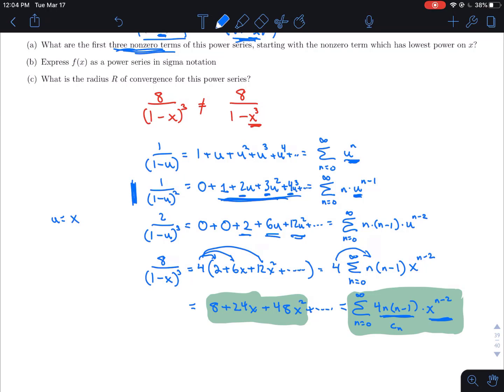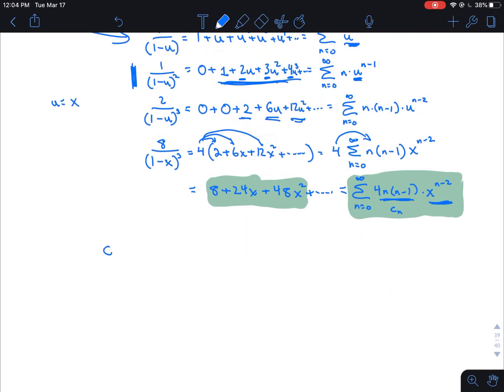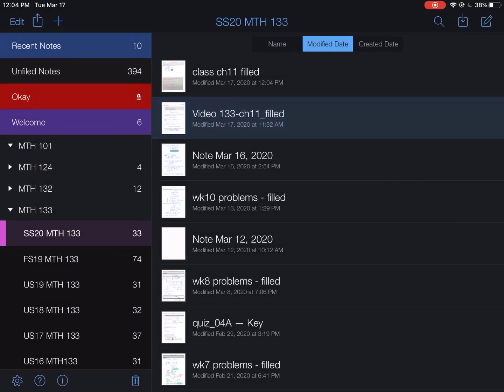Well, the radius of convergence is going to come from this original power series here, this 1 over 1 minus u. And so again, for part C, we say the absolute value of u is less than 1. We're going to substitute in, instead of u, we just have x. And so this tells us right here that r is going to be equal to 1. So the big thing that we used here, let me jump back to our video notes really quick.